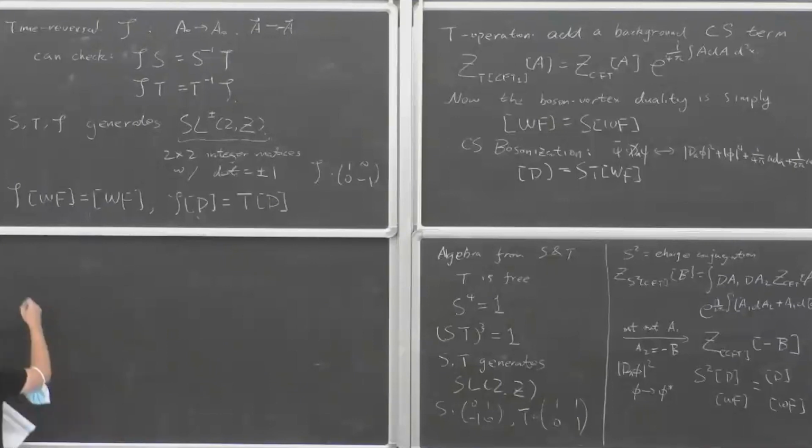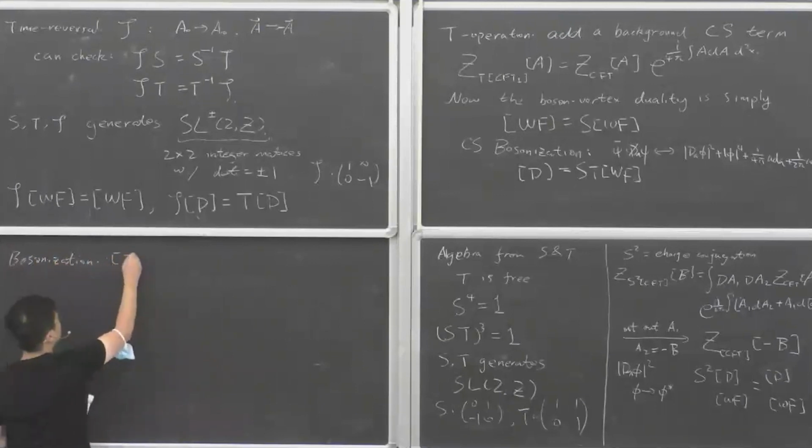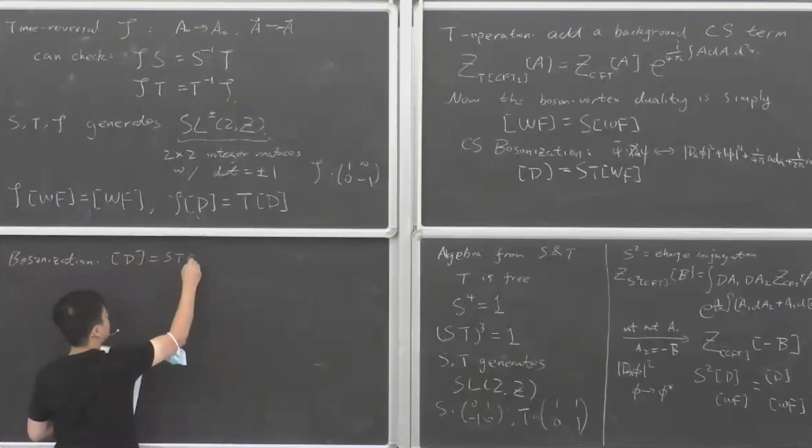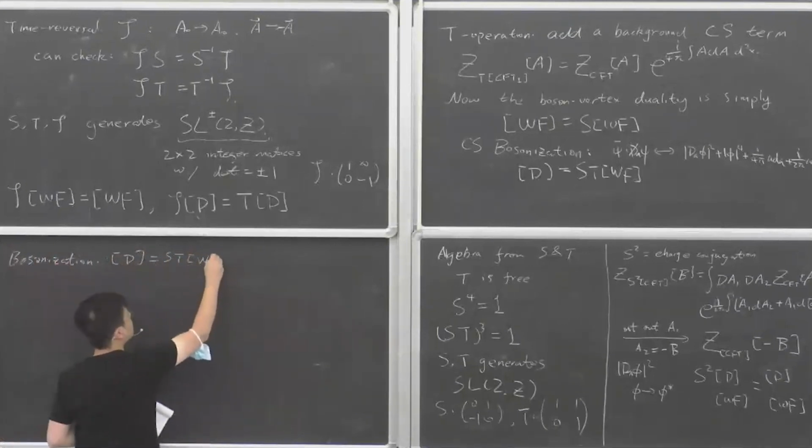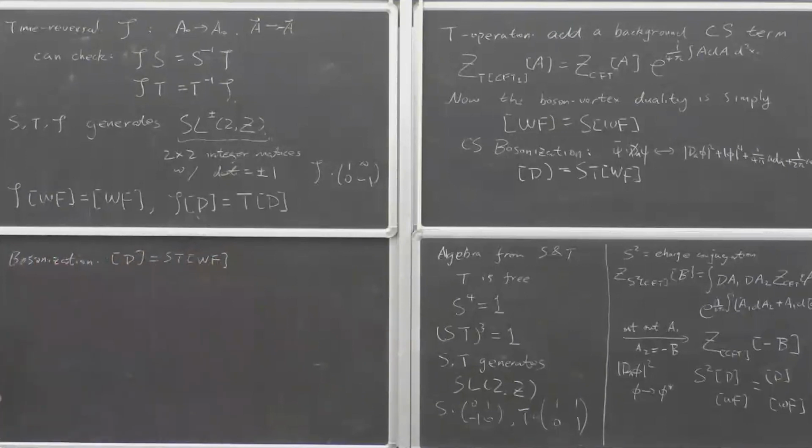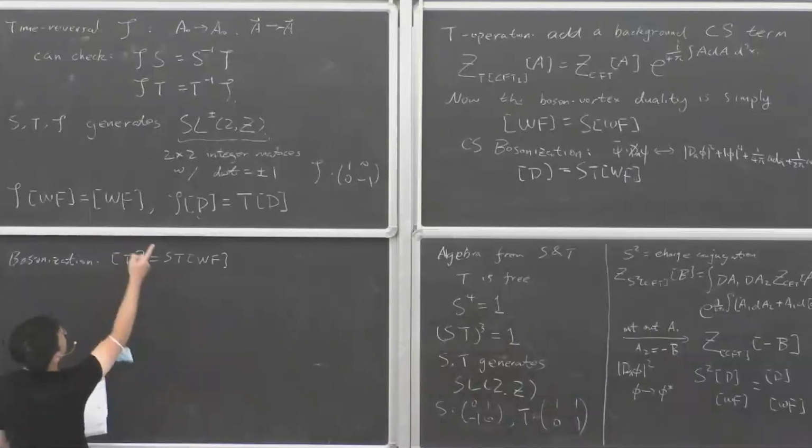Let me remind you, from yesterday we had the Chern-Simons bosonization, which is that the Dirac fermion is S and T of the Wilson-Fisher. Yesterday I spent quite a bit of time talking about how this duality can quite non-trivially be compatible with time reversal symmetry, where the Wilson-Fisher boson goes to its vortex under time reversal. We can check that with just these simple algebras.